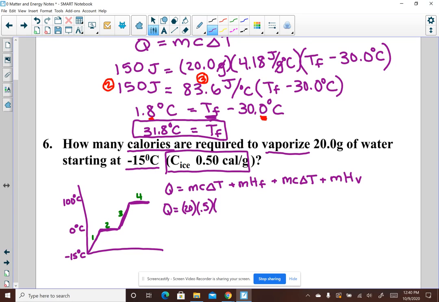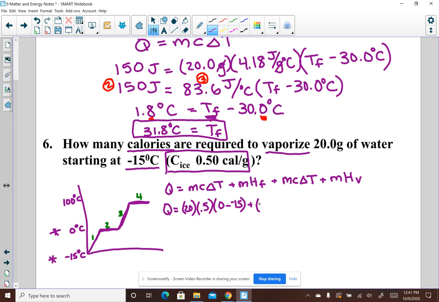Now, delta T, I want to look at my graph. So final minus initial. I ended up at 0 degrees Celsius from negative 15. So my final was 0. My initial was negative 15. All right. Now, melting.